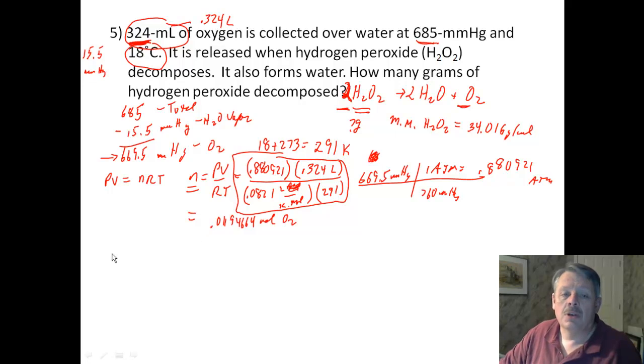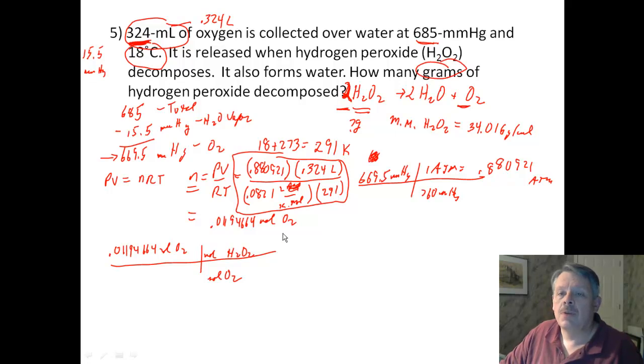Now I have to use my stoichiometry to get from moles of oxygen to moles of hydrogen peroxide. So I'm starting with 0.011946664 moles of oxygen, and I'm converting from moles of oxygen to moles of H2O2, or hydrogen peroxide. It asked me how many grams of hydrogen peroxide decomposed. So I have to get rid of moles of hydrogen peroxide and go to grams.